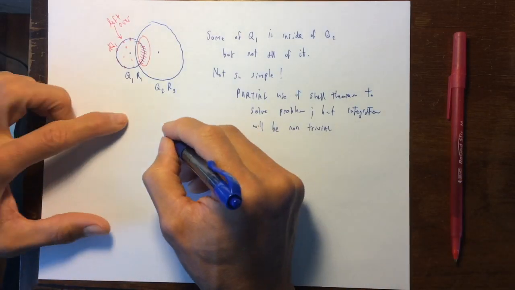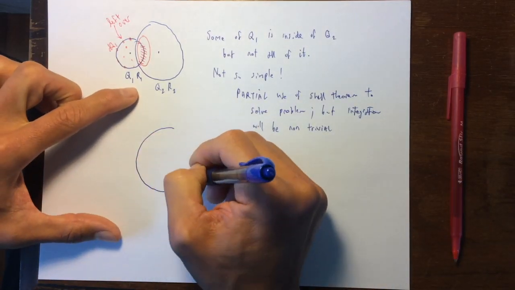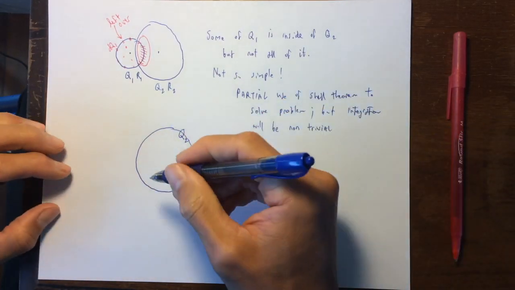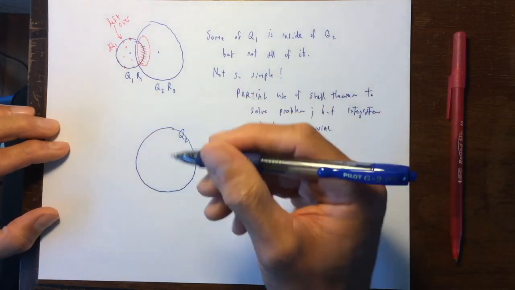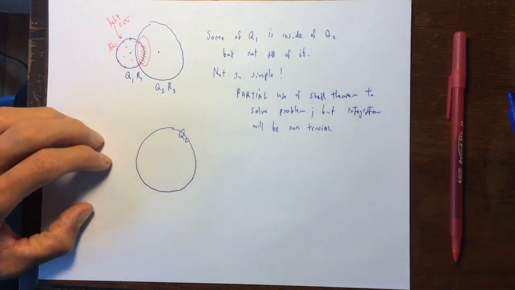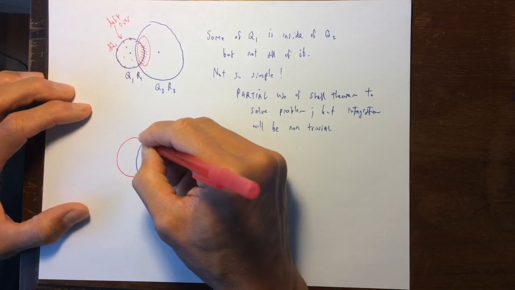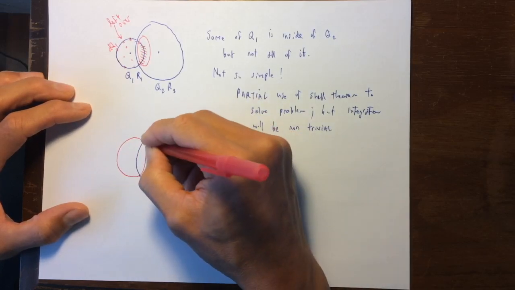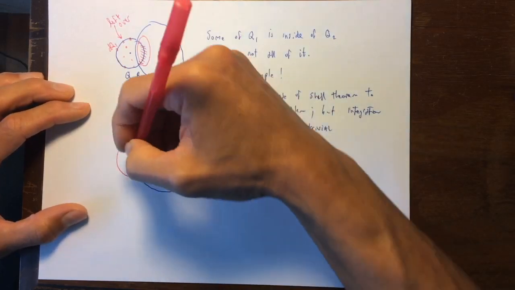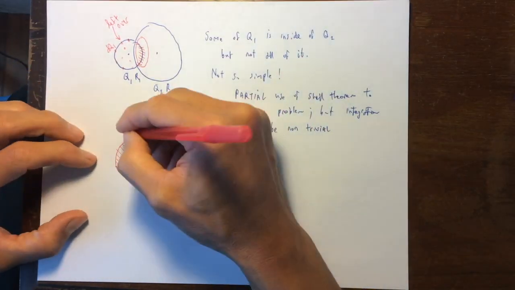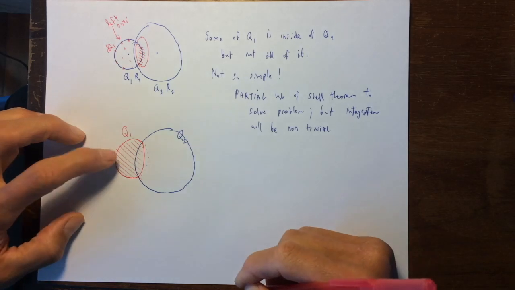Maybe it would look kind of like this. So you'd say that here is Q2 and glommed onto it in a sense. This is just Q. This is the part of Q1 that you would keep.